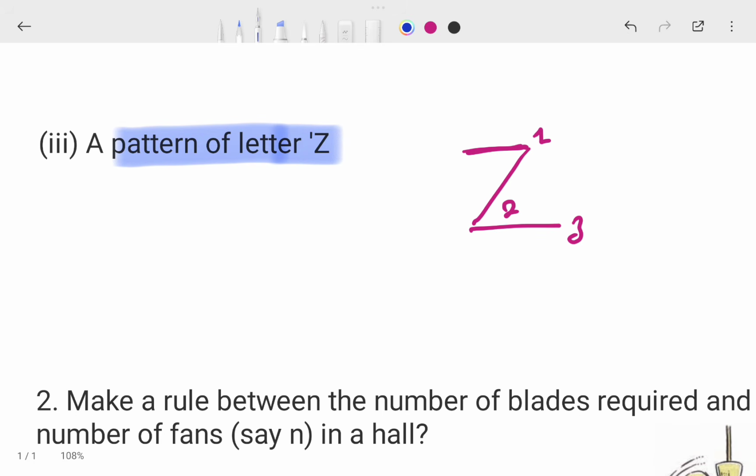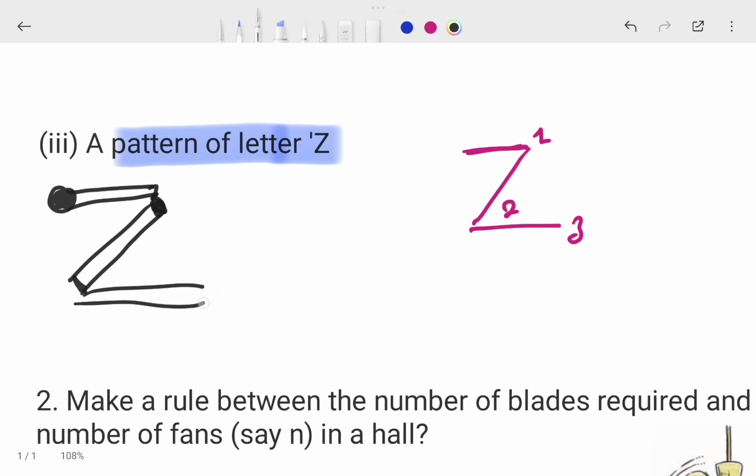So generally 3. Let's suppose this is the first matchstick, then the second matchstick you need like that, and this is your third matchstick, like that.